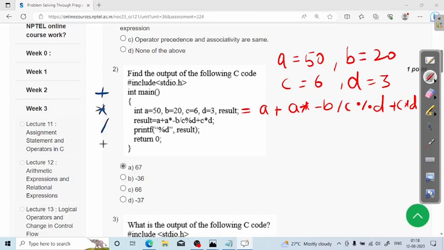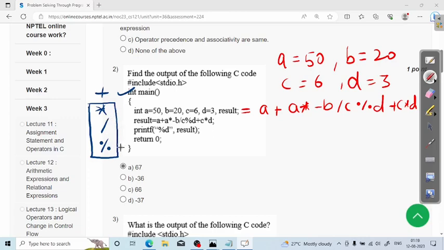multiply, divide and percent. Okay, and multiply, divide and percent have the highest precedence as compared to the plus operator. Now we are in a situation where we have three operators of the same precedence, so we have to check the associativity of these operators.